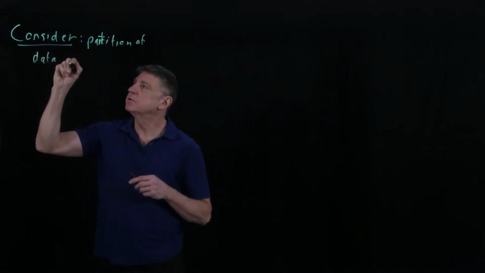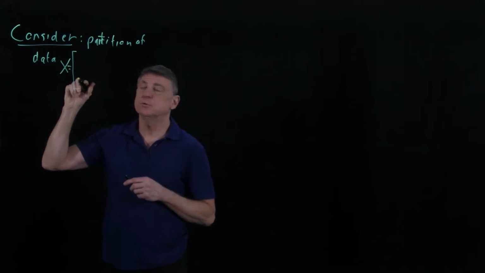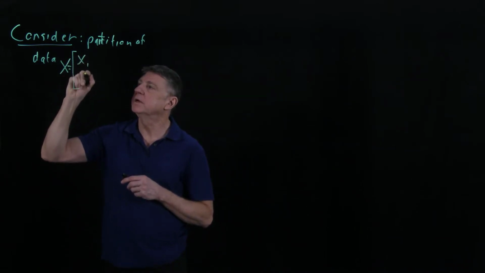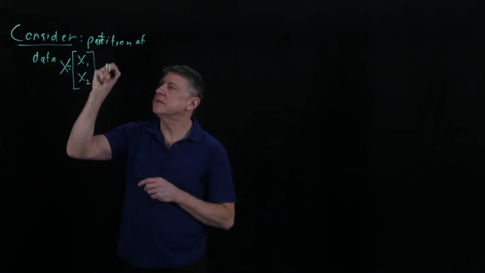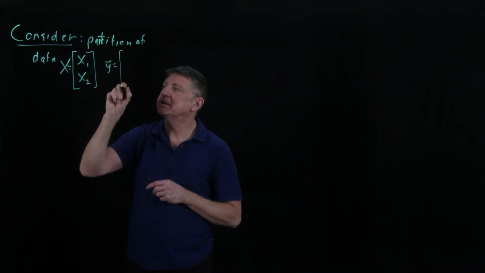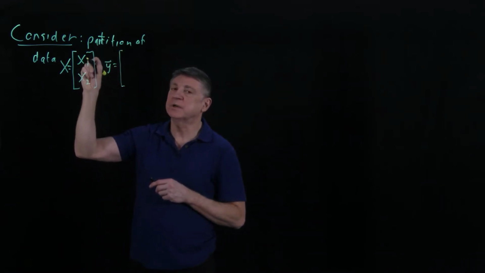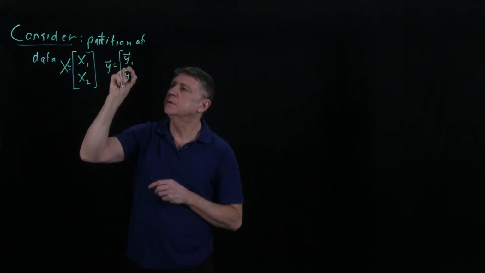And let's suppose that we represent our design matrix X as having two parts. Let's call it X1 and X2. And likewise, let's take our dependent vector and partition it so that these are equal sizes. So this will be Y1 and this will be Y2.